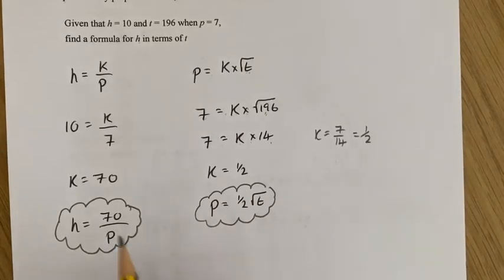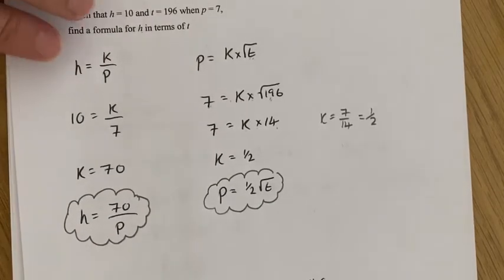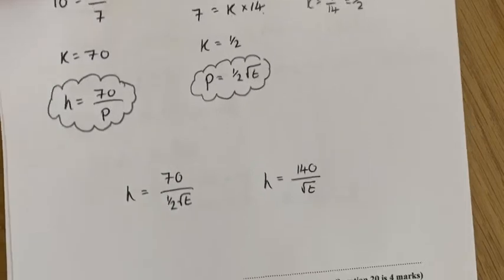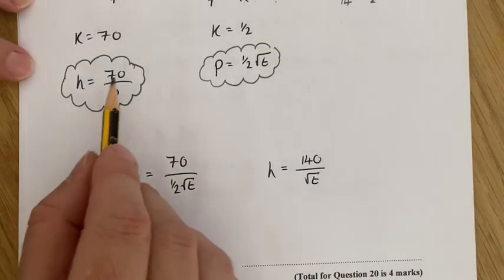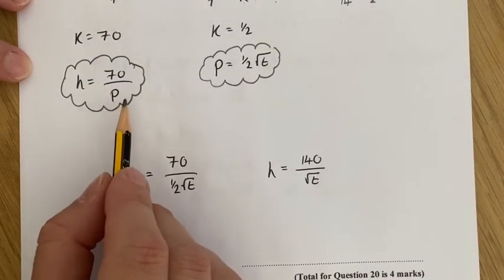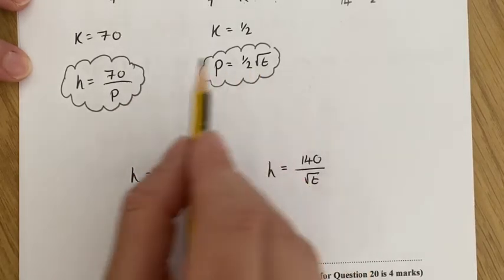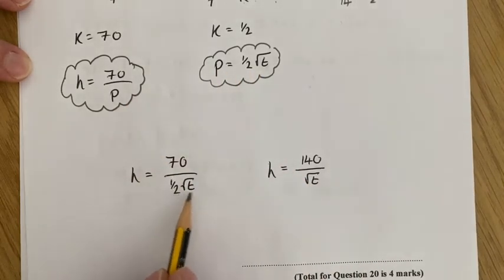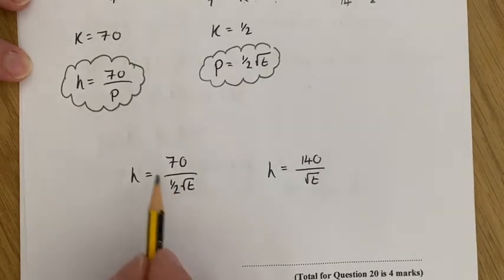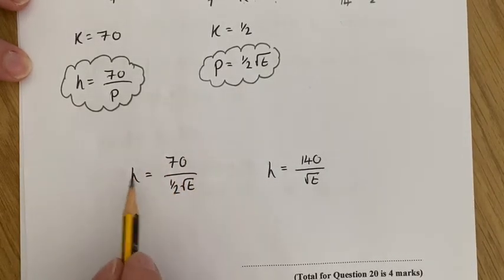So now all we need is a formula that links h to t, and that is here. So h equals 70 over p, but of course p is half of the square root of t, so I'm going to put h equals 70 over half of the square root of t. Okay, so that's the formula that links h to t.